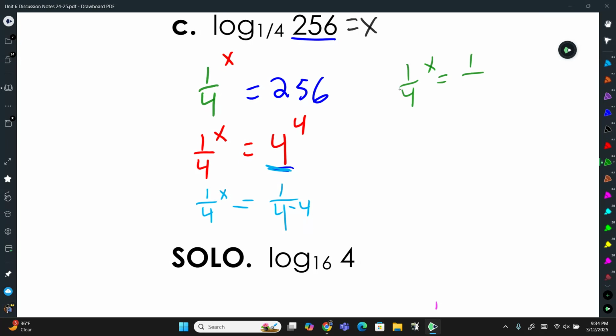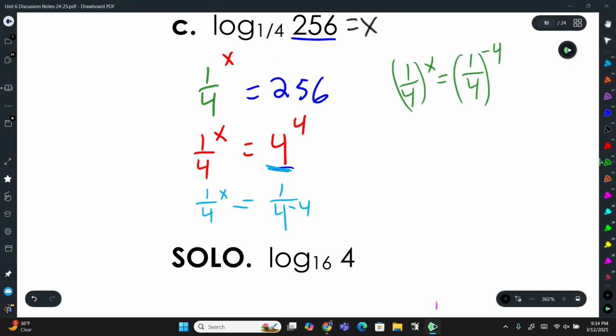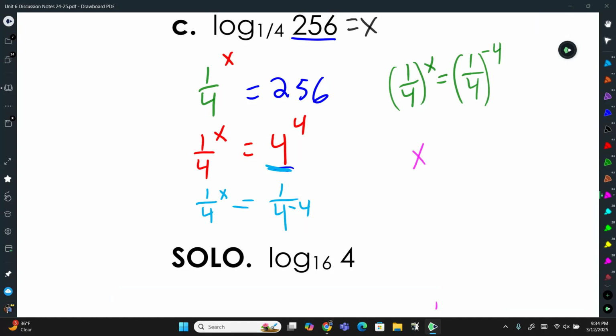Now I can do this, bring it up like that, because 1 to any power is still 1. Oops. So now you can see our bases are the same, so our exponents must be the same as well.